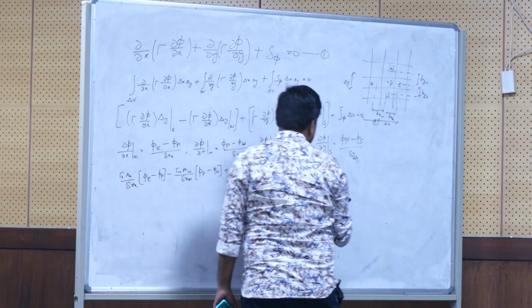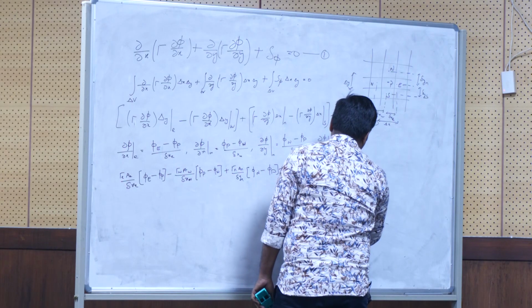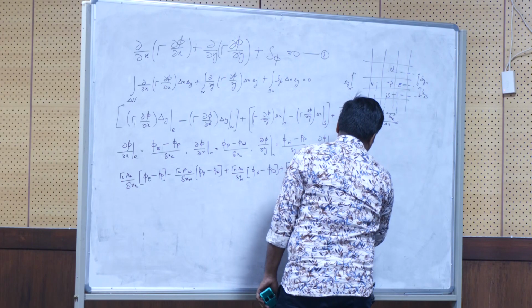And we write the source term for the linear model as sc plus sp phi p.